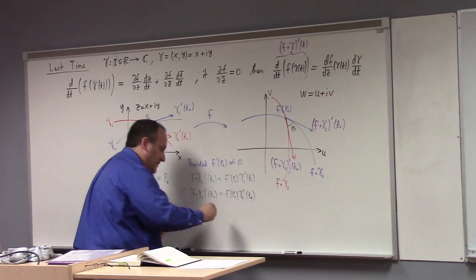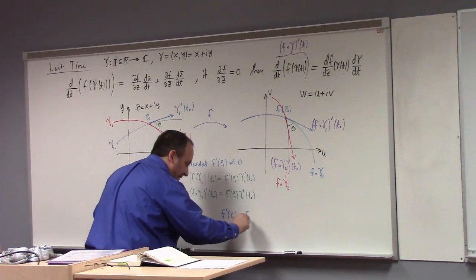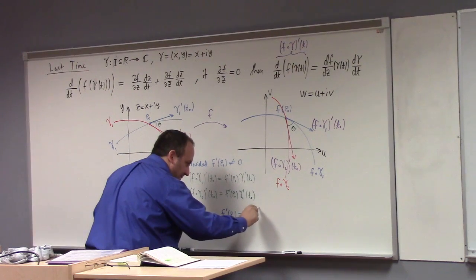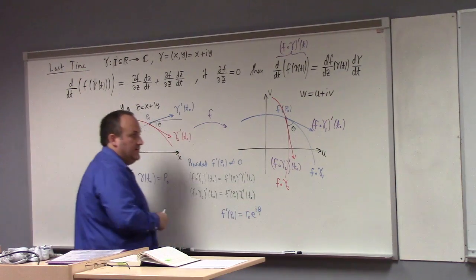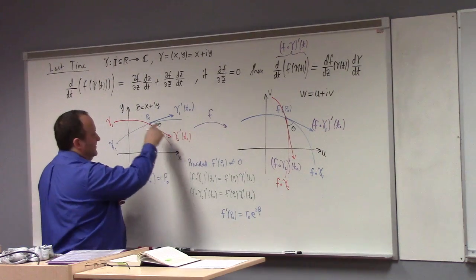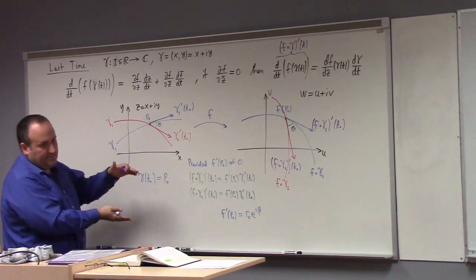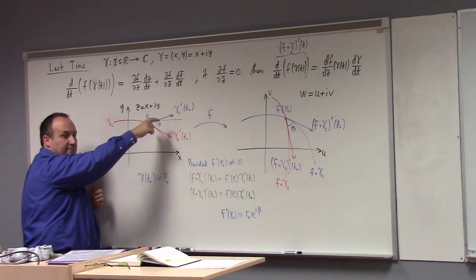So if F prime of p naught was, say, R naught e to the i beta, then both of the tangent vectors, the blue one and the red one, are rotated by an angle beta, which maintains the difference in the angles between them.